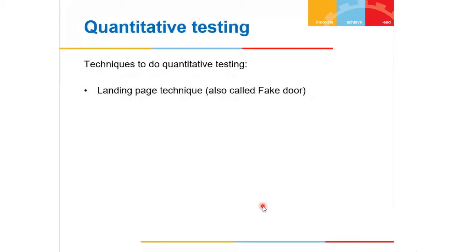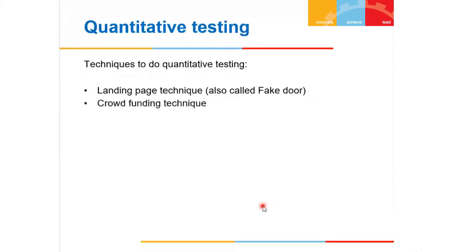When customers like the product and click a button called more, or something similar, it just says that sorry, we haven't got the product ready yet, and we are working on it. The number of people who click on that more will give you a feeling of how many people are really interested in this particular product.